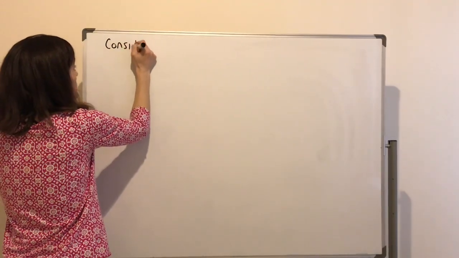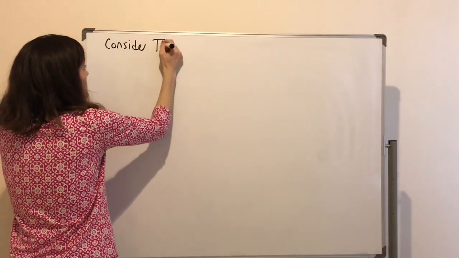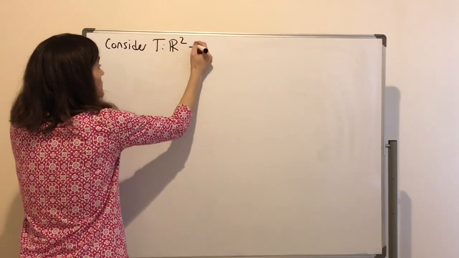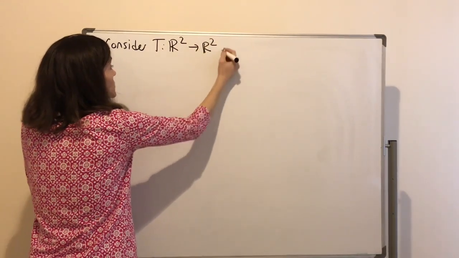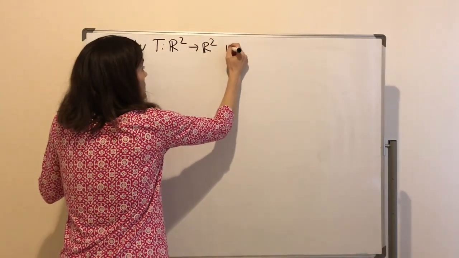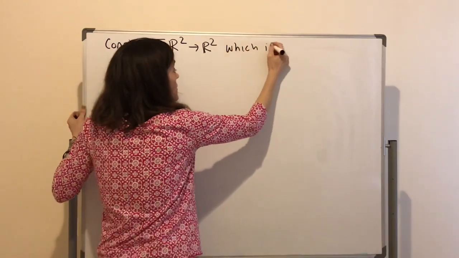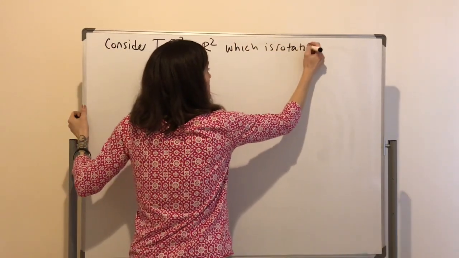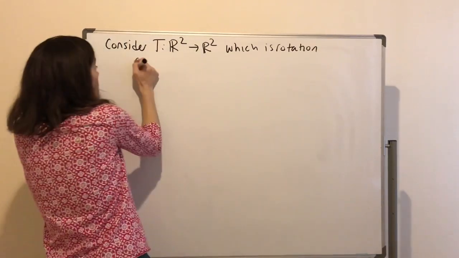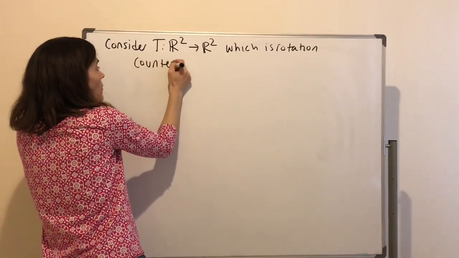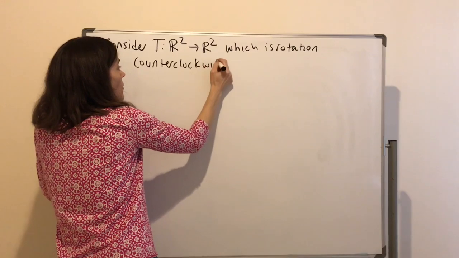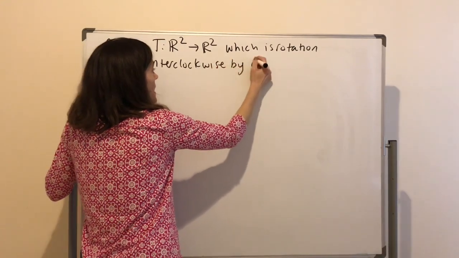Okay, so let's consider the transformation from R2 to R2, which is rotation counterclockwise by an angle theta.